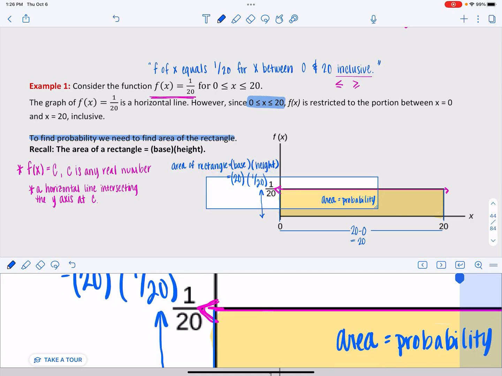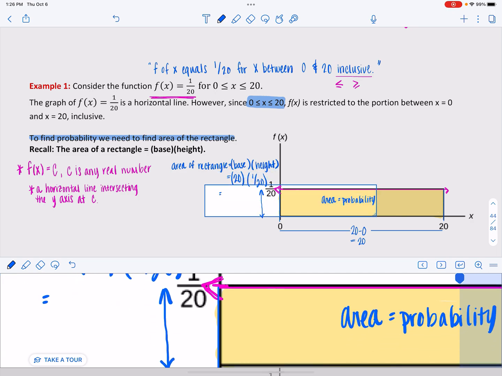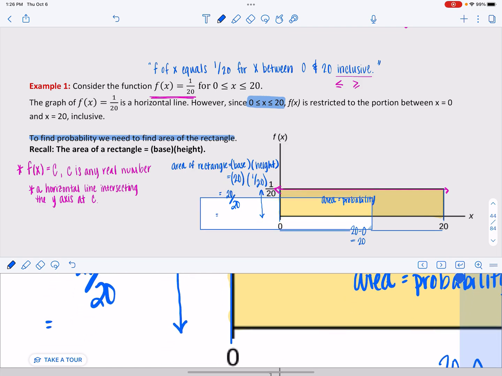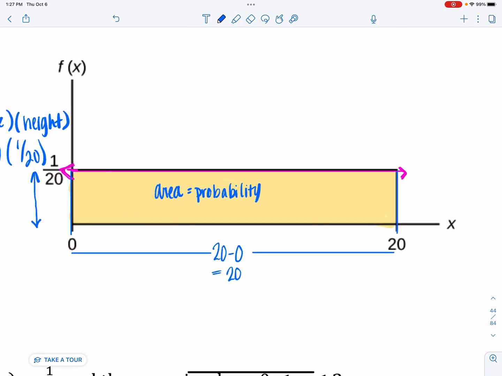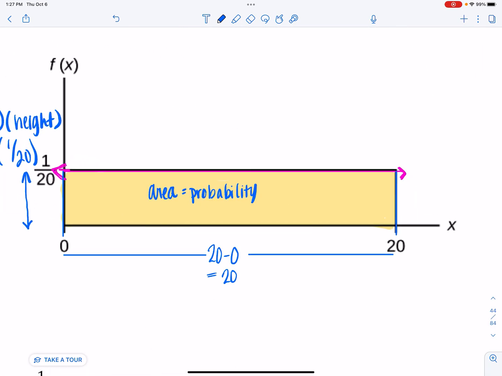When I multiply 20 times 1/20, I get 20/20, and that's the same as 1. So that means that the probability of landing inside this rectangle from 0 to 20 inclusive is 1.